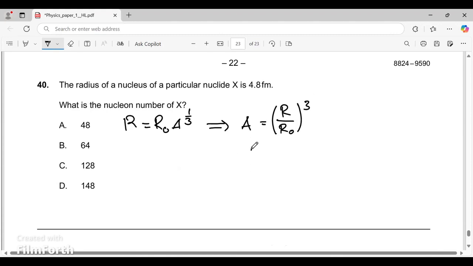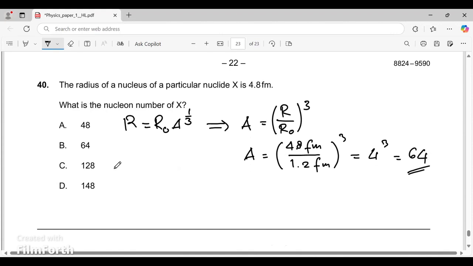After that, substitute 4.8 femtometers over 1.2 femtometers, cubed. And the result is 4, because if you simplify it, it becomes 4 cubed. It is 64. This one. Done.